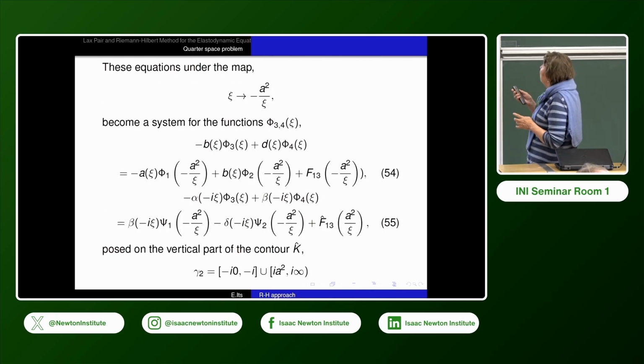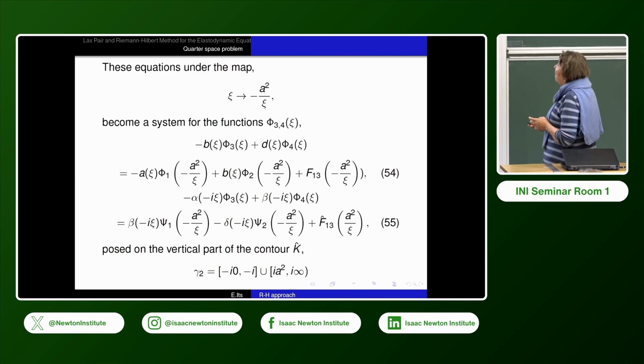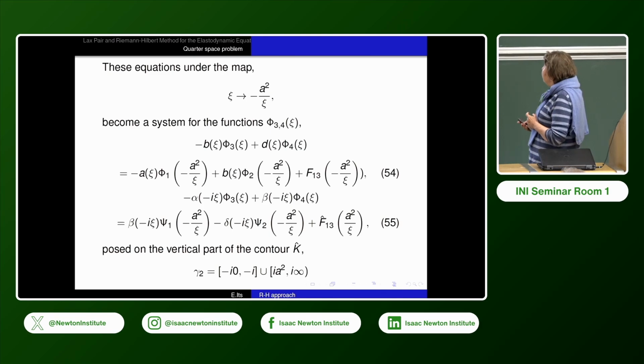So we move them to the vertical parts of the contour, and we write the system expressing the unknown phi3, phi4 functions in terms of phi1 and phi2 functions, plus, of course, everything that we still carry and that is known, like these functions which are expressed in terms of the boundary conditions.